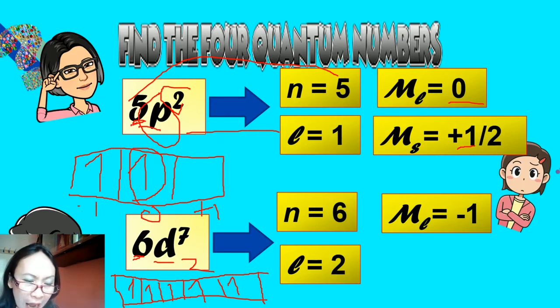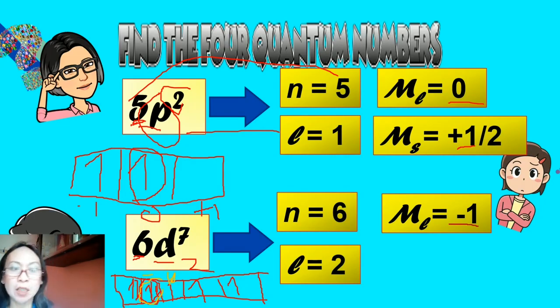So 5, 6, 7. Dito tayo huminto sa orbital na to. Ano kaya ang value ng orbital na to? If this is 0, so this is negative 1. Kaya po, naging negative 1 ang sagot natin dito.